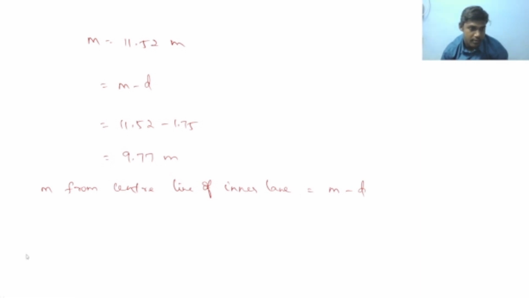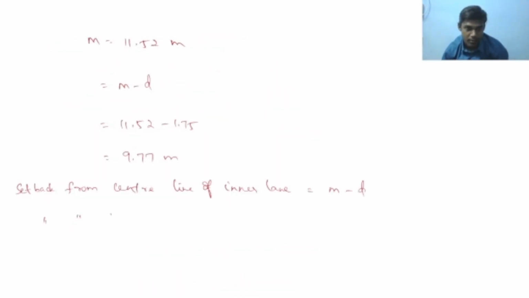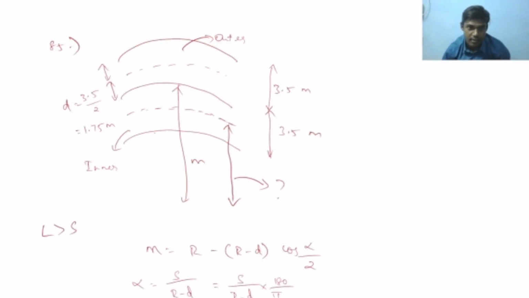This we can write as setback from center line of inner lane is equal to m minus d. If setback from inner edge of pavement is asked, it is equal to m minus 2d. So what is inner edge? Inner edge is nothing but this is inner edge.